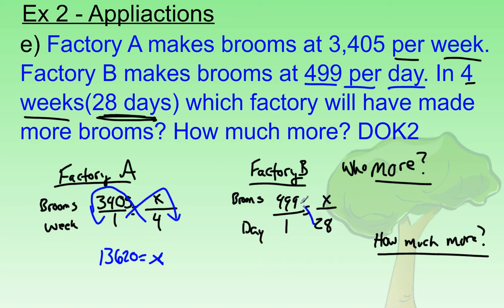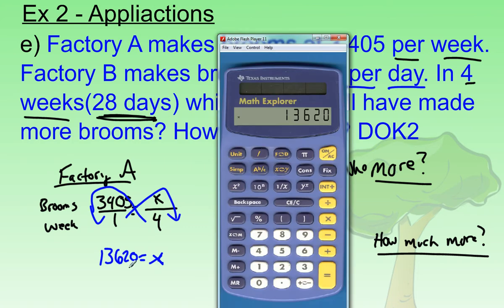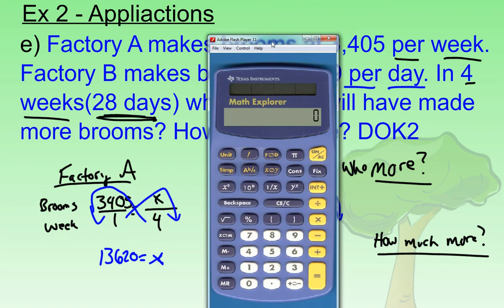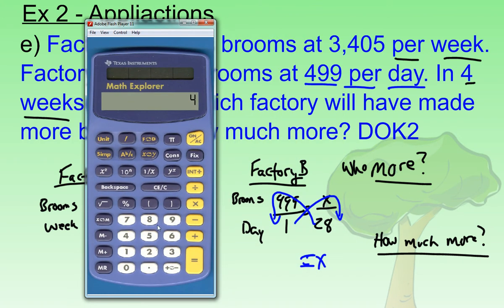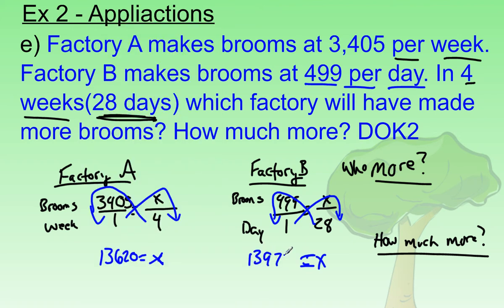And so we cross multiply. That still gives me 1x, which is just x. 28 times 499 equals 13,972 brooms in that same amount of time.